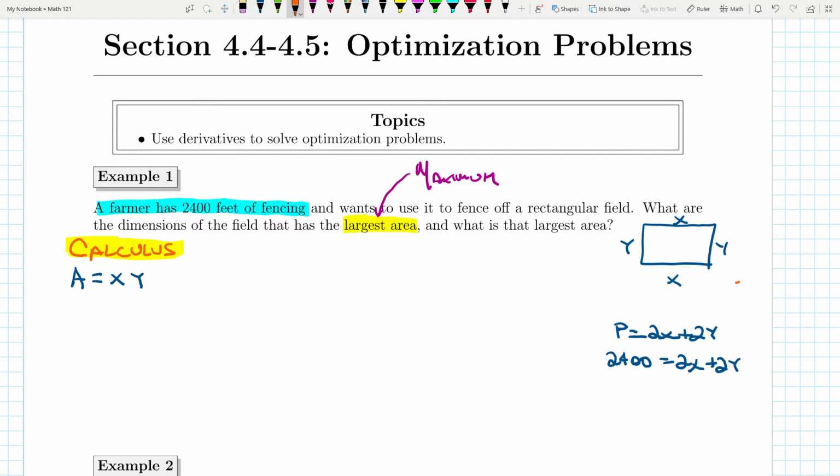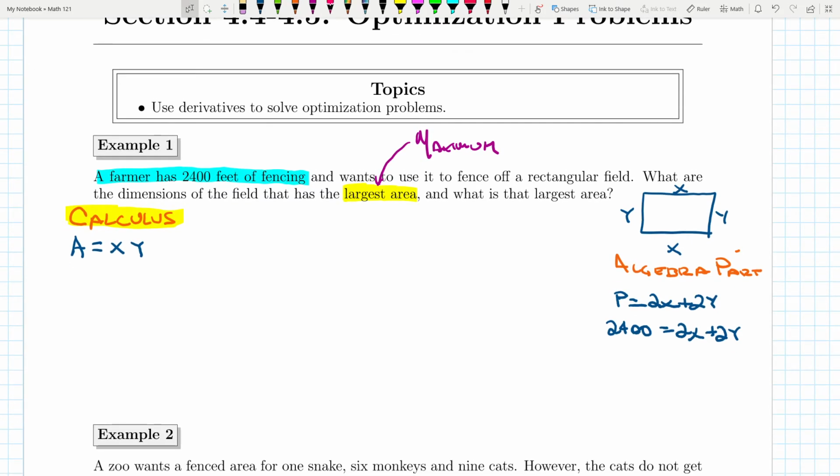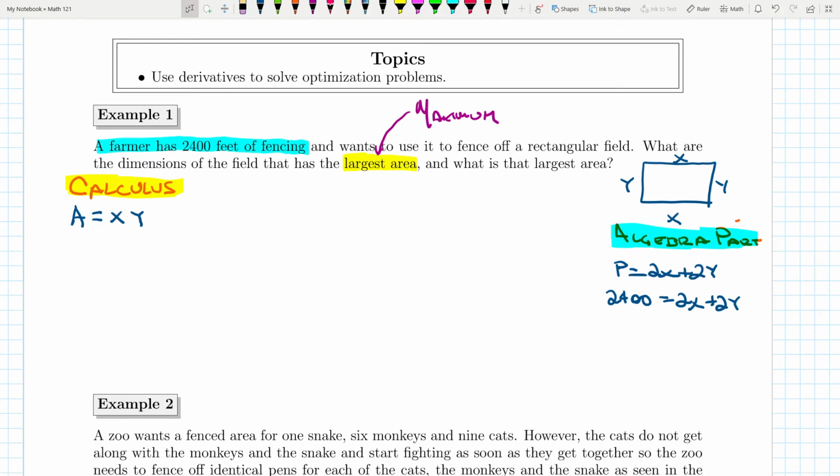So that's the algebra part. For this part, we're going to use the given information. We use the given information for the algebra part, and we answer the question using the calculus part. So in this case, what we're going to do is replace this y right here using the information that we're given.